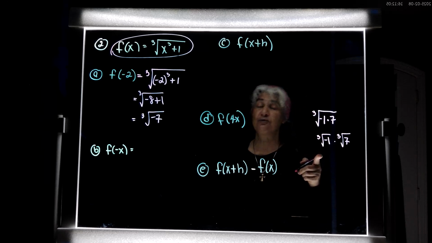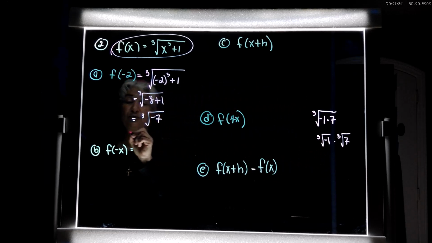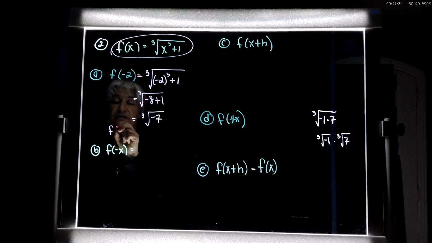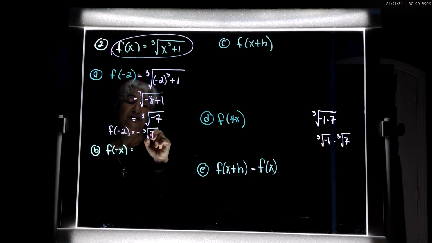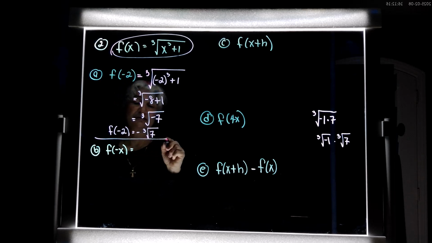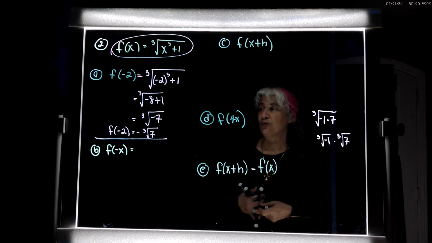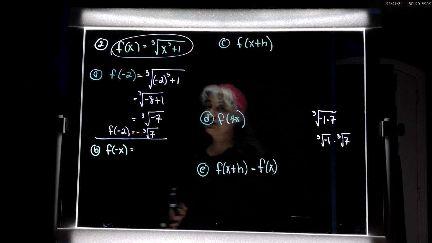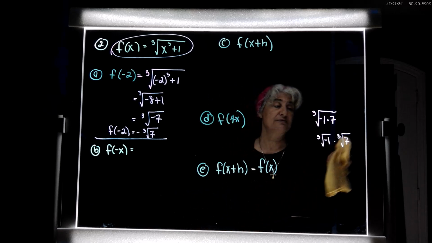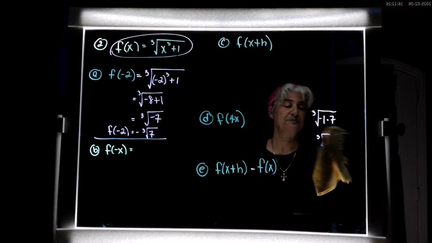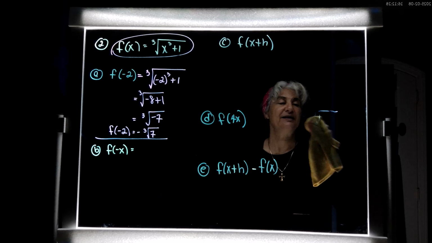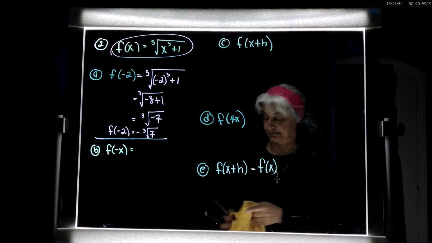And the cubed root of -1 is -1. So you get negative cubed root of 7 as your solution after you evaluate this function at -2. Good with that?